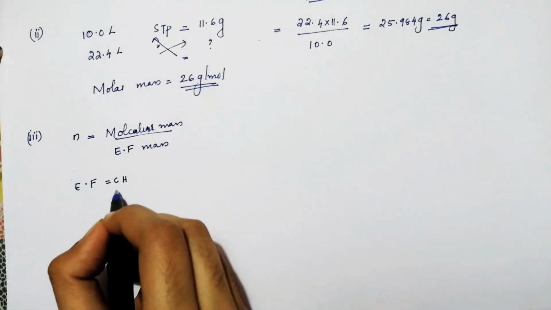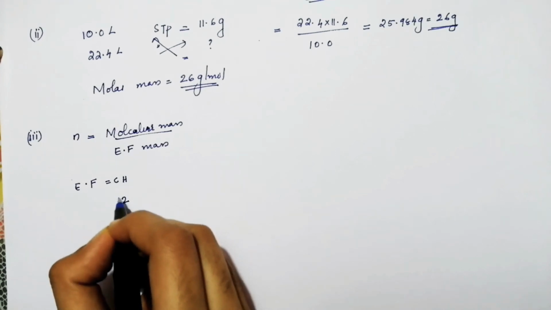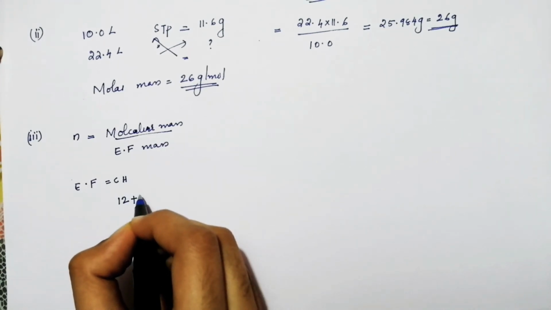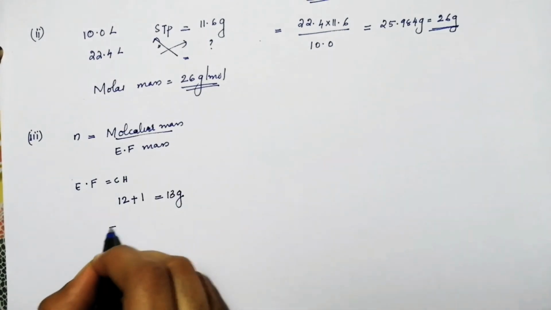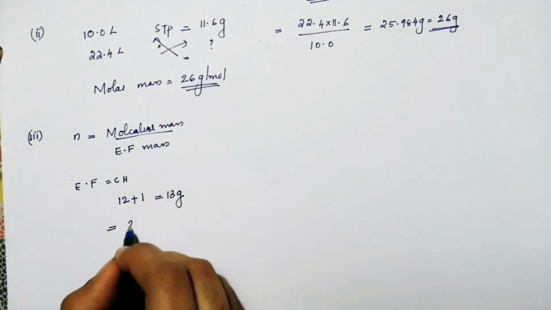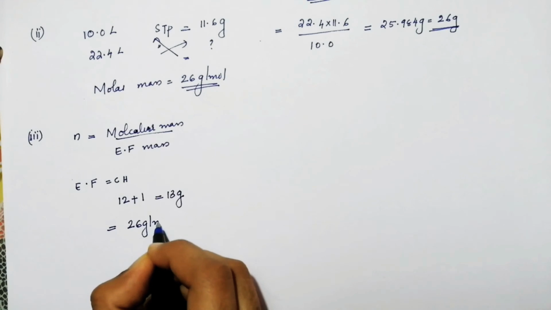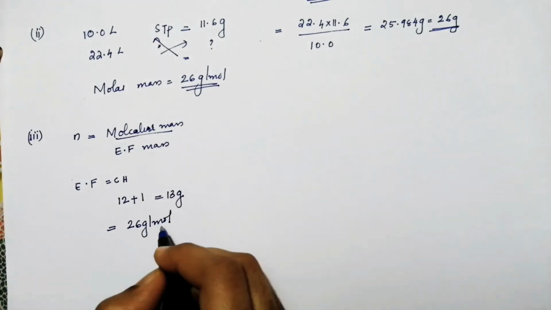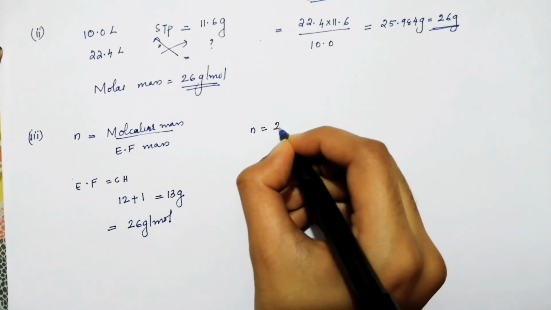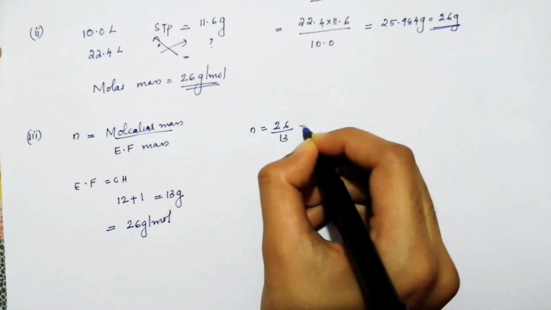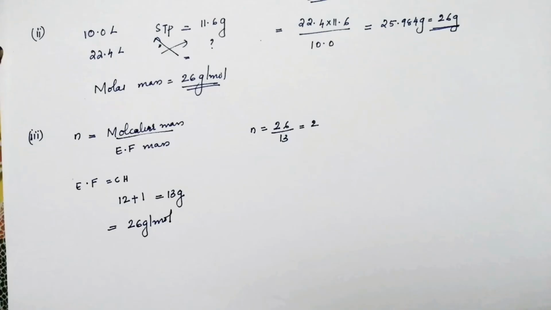So the empirical formula mass will be atomic mass of carbon 12 plus atomic mass of hydrogen 1, which gives us 13 gram. And the molar mass we have calculated to be 26 gram per mole. Now we can put these values over here. So we get N as 26 divided by 13, which is equal to 2.